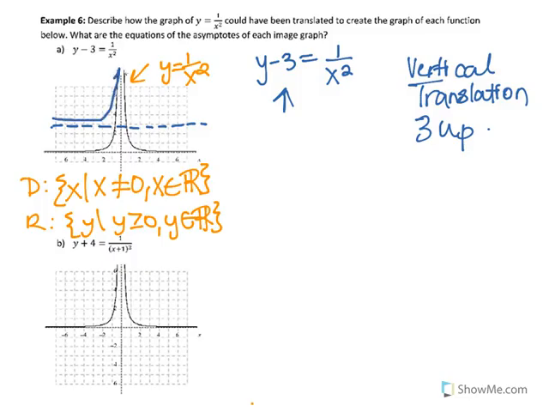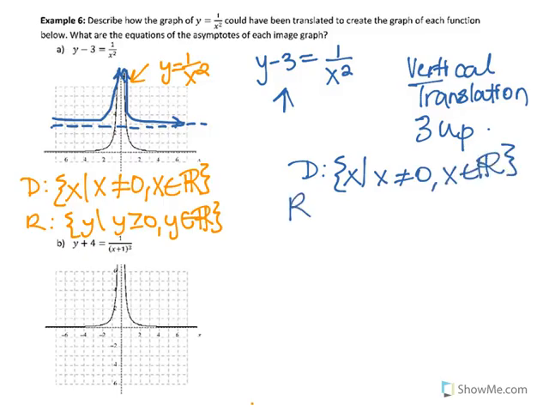So this graph is just going to look like that, and it just starts 3 higher. Okay, the domain and range for this one: the domain is the same, it still can't equal 0. And the range is 3 up, so greater than, not equal to, 3.